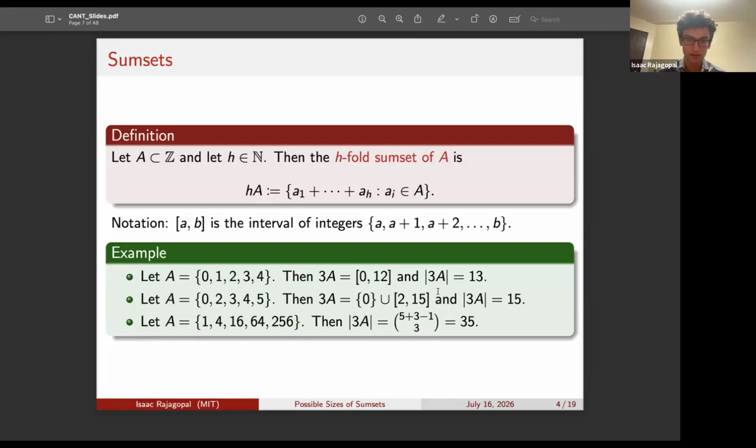And so the number of threefold sums is the number of ways to choose three elements of A with repetition allowed. This is described by stars and bars to be (5 + 3 - 1) choose 3, where 5 is the size of A. And so it's 35.